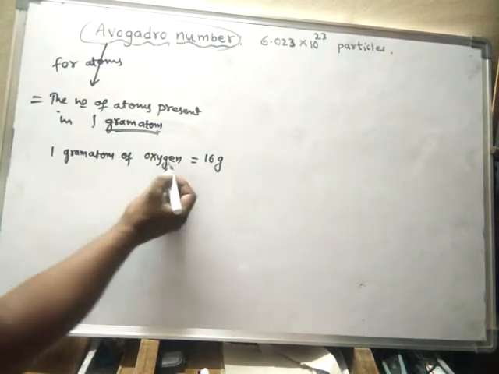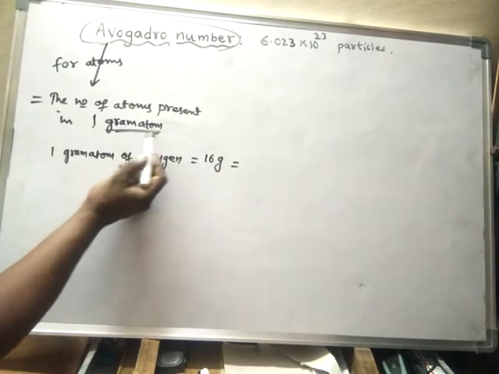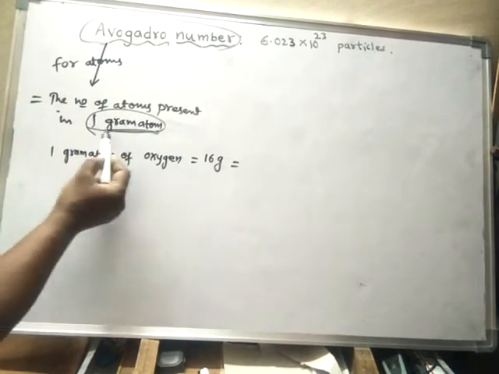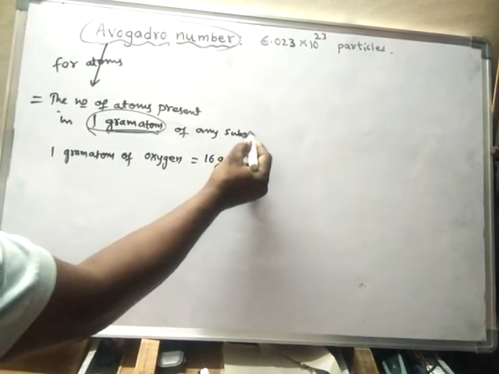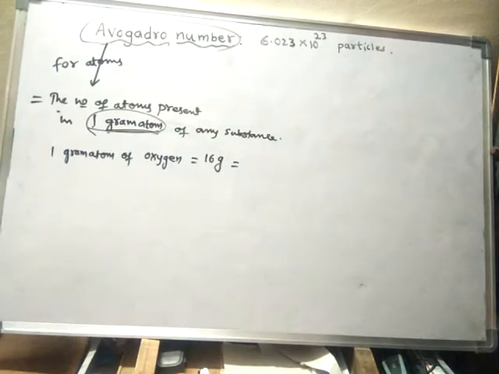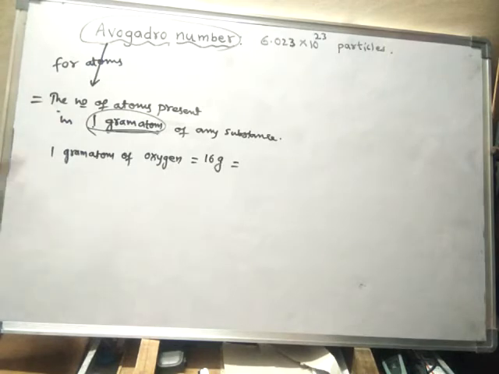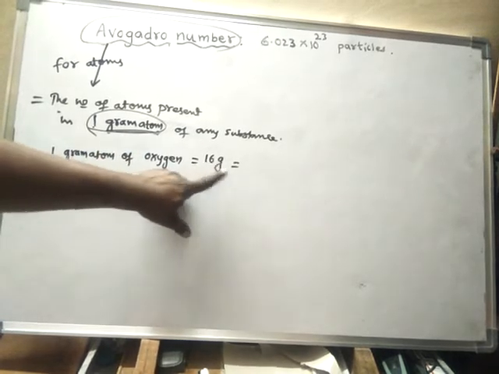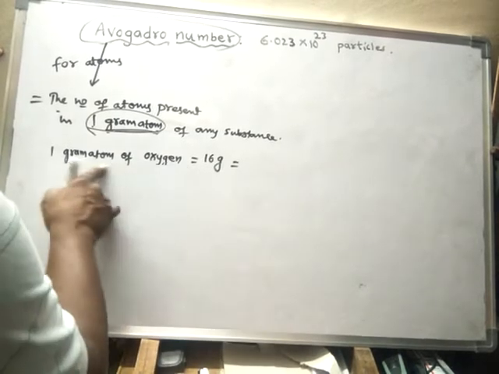So how many oxygen atoms does it contain? The number of atoms present in 1 gram atom of any substance is equal to Avogadro number. So here 1 gram atom of oxygen is equal to 16 grams. Hence, what should it contain?